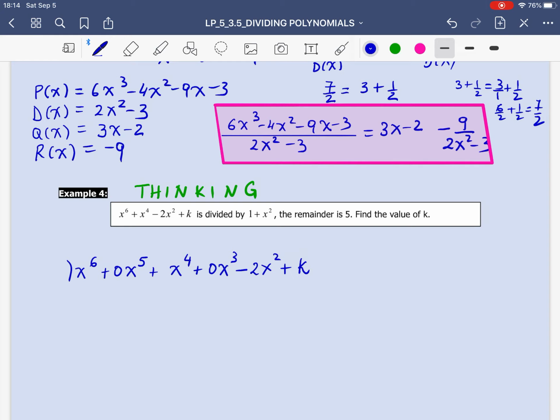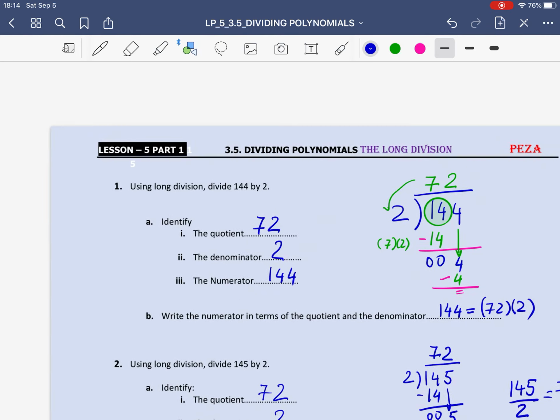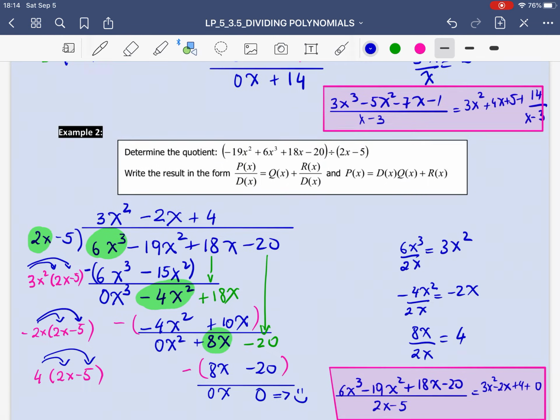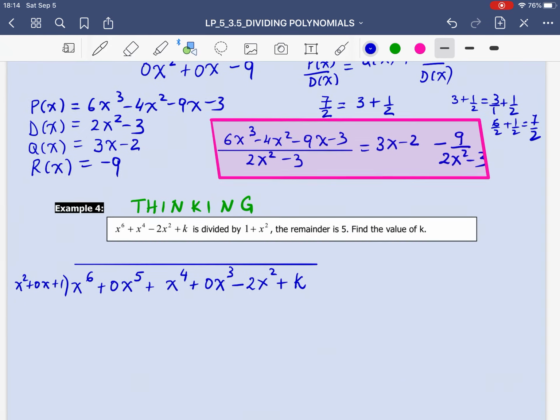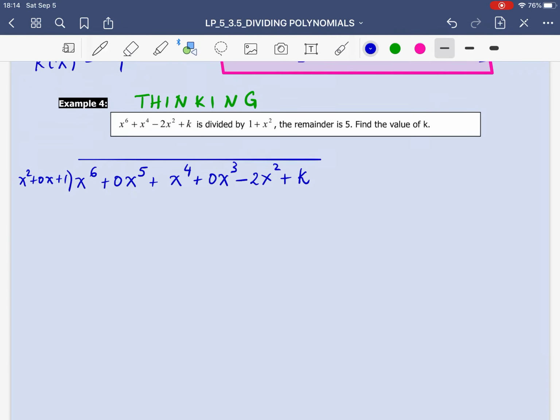This is being divided by x^2 + 0x + 1. And here is our spot for our quotient. What we do know is the fact that the remainder is 5.